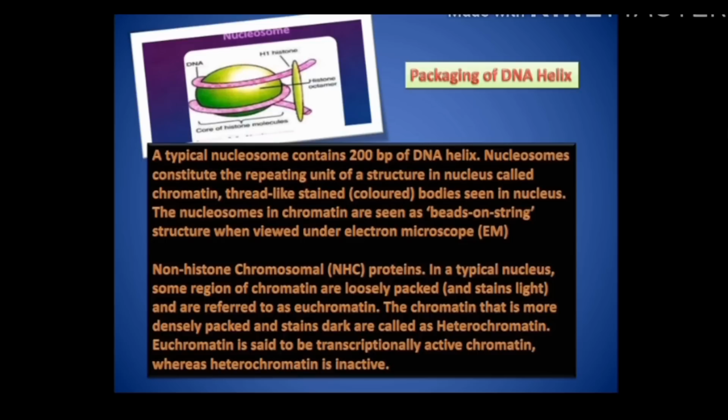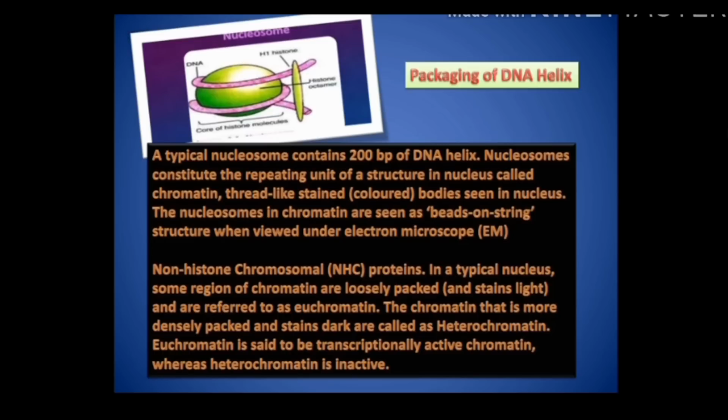वहीं अगर हम बात करते हैं हेटेरोक्रोमेटिन की, तो DNA is packaged very tightly. A lot of DNA is present there. More DNA, so it is darkly stained under the microscope, and it is transcriptionally inactive. That means that the portion of DNA which needs to be exposed in order to synthesize RNA is hidden here, right? So what happens if you have too much DNA?